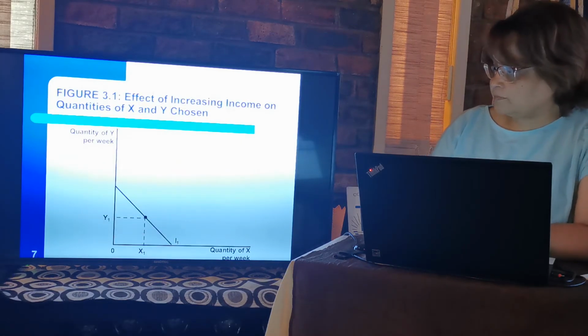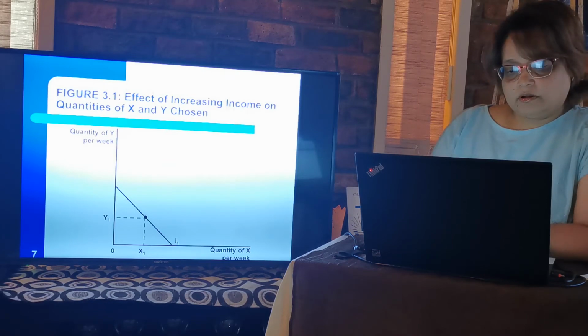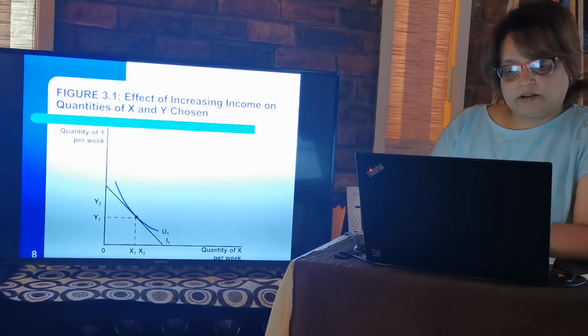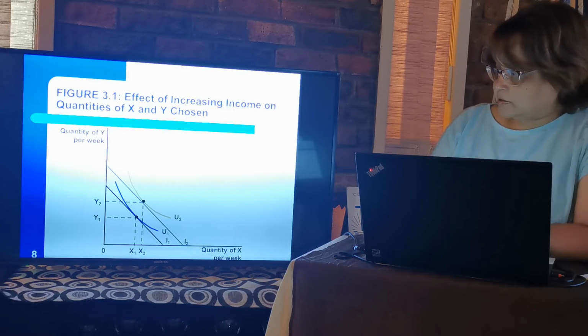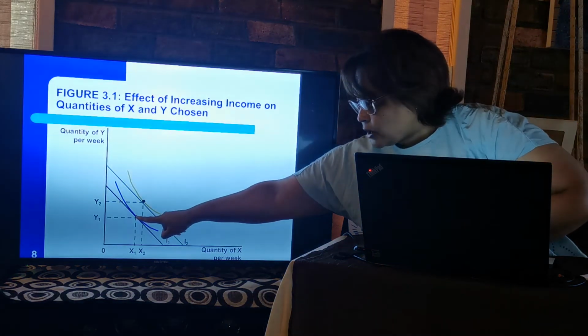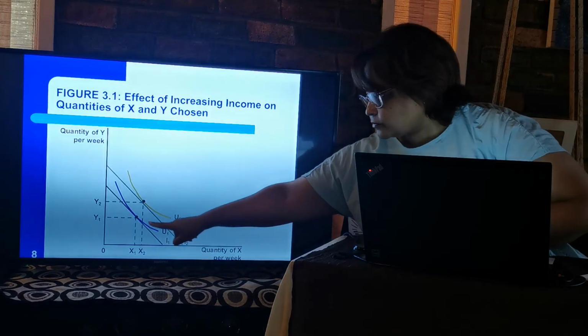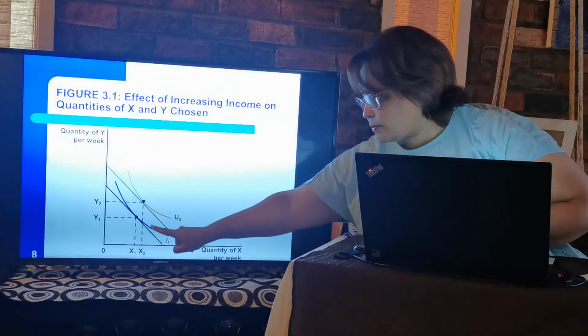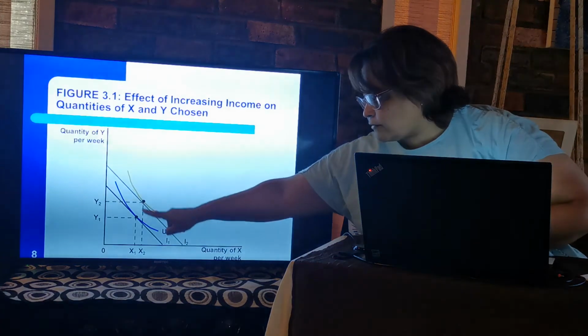There's income number 1, and there's your choice of a product. Now your income increases, Y1, and there we go. A definite shift to the right. You'll see here at income 1, you had that specific product there. But the minute your income increased, you'd have that scenario.